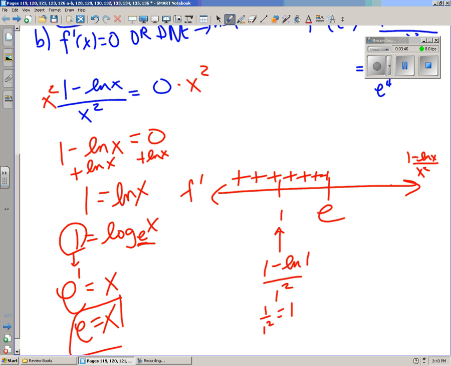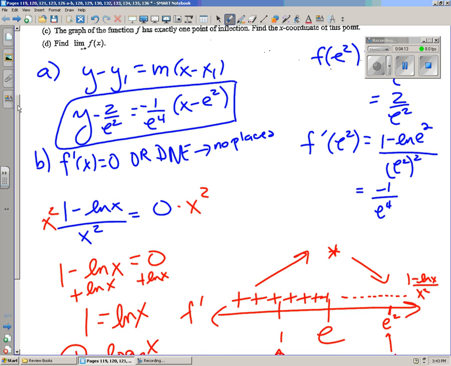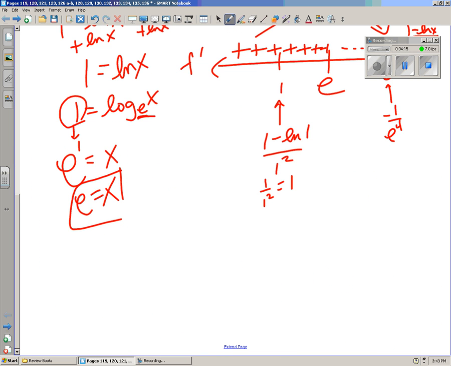Then to the right of e would be e squared, which we just plugged in to the derivative. We came out to be negative 1 over e to the 4th, so we are negative on the right side of e. So what that means is the function climbs, gets to a max at e, and drops down. So what we can say is part B, at x equals e, we have a relative maximum. So here we go.